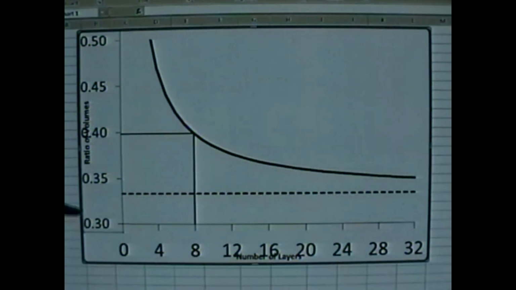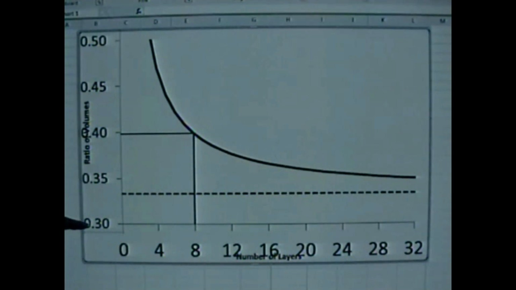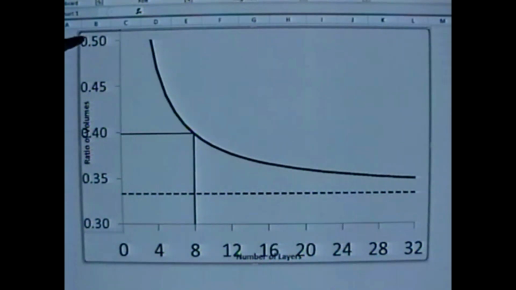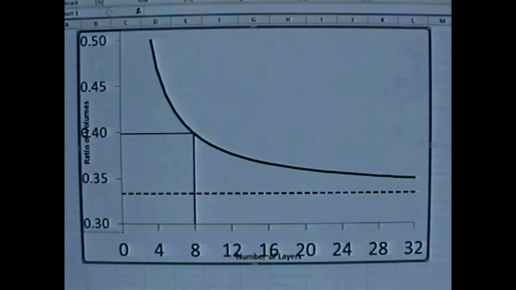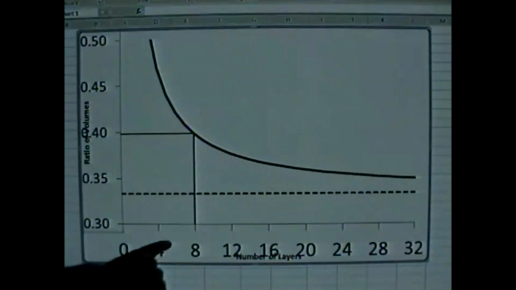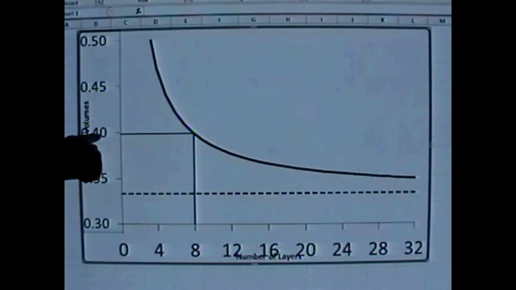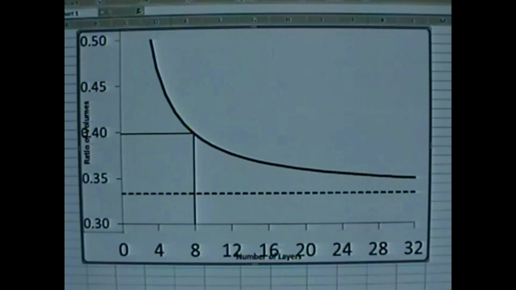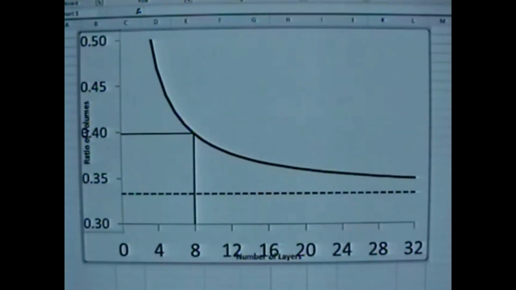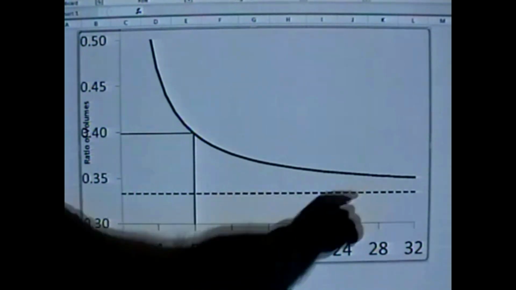And when we go up, the ratio of volumes is changing from 0.3 to 0.5. The dotted line shows where we've got a ratio of volumes of precisely 1/3. Now, with our model pyramid, we had 8 layers and the ratio of volumes was just a little bit less than 0.40. But as the number of layers gets bigger and bigger, the ratio of volumes gets closer and closer to 1/3.